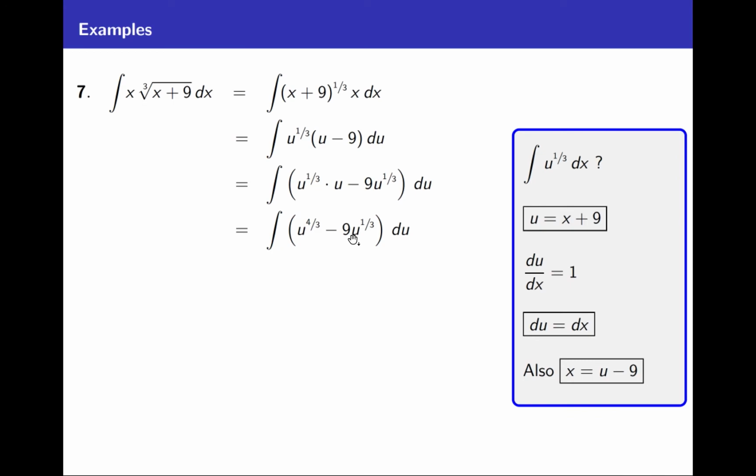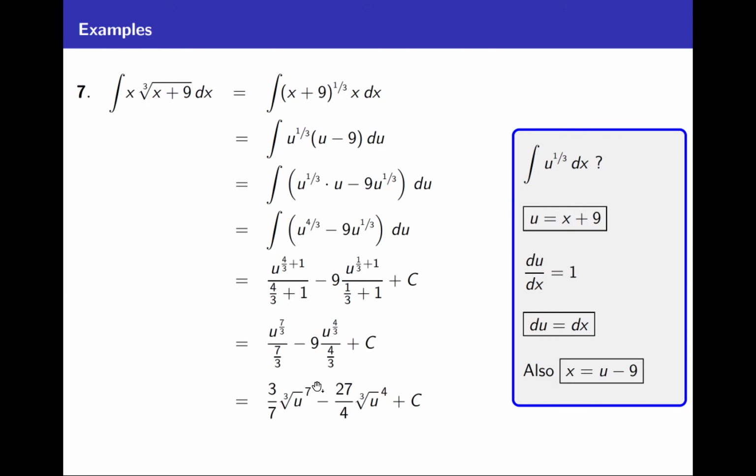And for these two terms, we can integrate them with the power rule for integration. So doing that, we get this expression minus this one, plus a c. We'll simplify those fractions and simplify further. We get 3/7 cube root of u to the 7th minus 27 over 4 cube root of u to the 4th plus c. And you may want to pause the video to double check my arithmetic here.